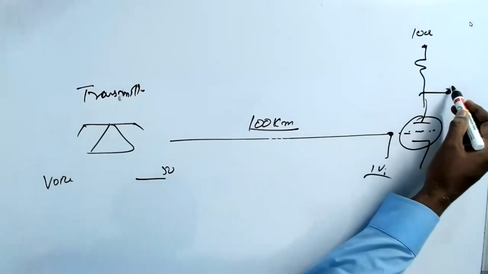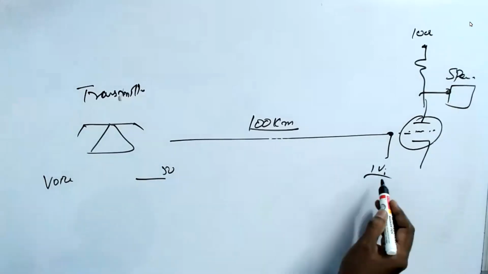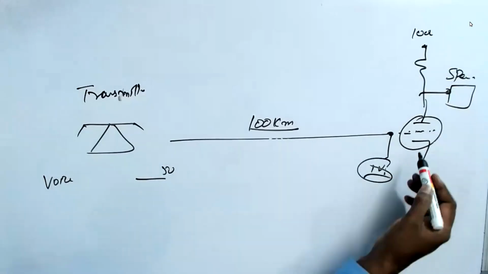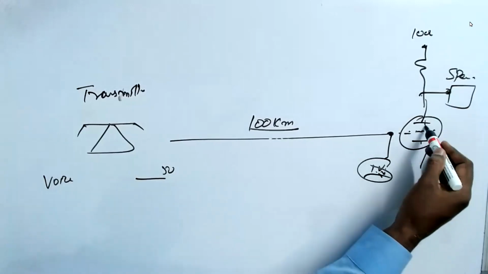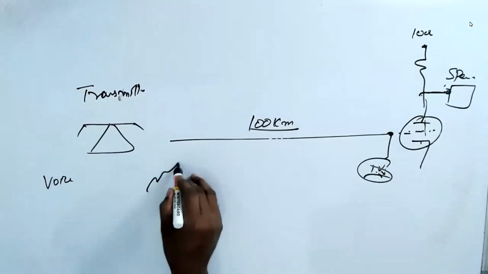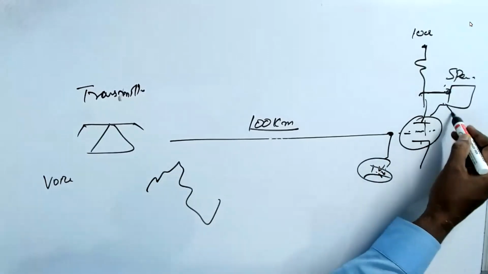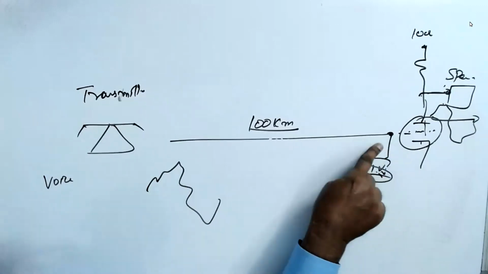I give it to the speaker. So I don't give the 1 volt to the speaker. Based on this voltage, the resistor will vary, so this gets a higher voltage. If your voice changes, the amplification will change too. This is going to act as a control.